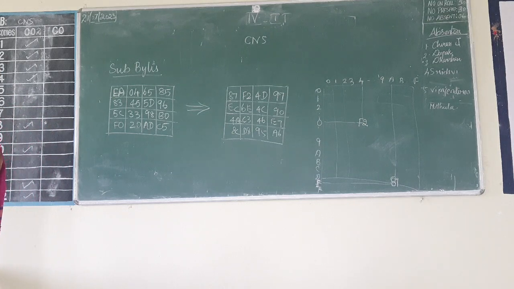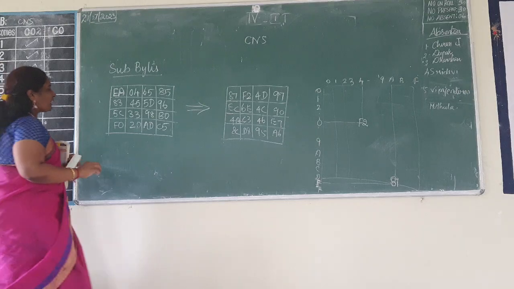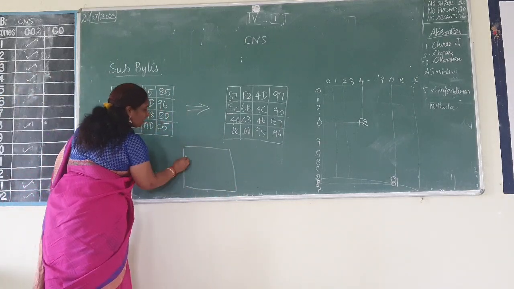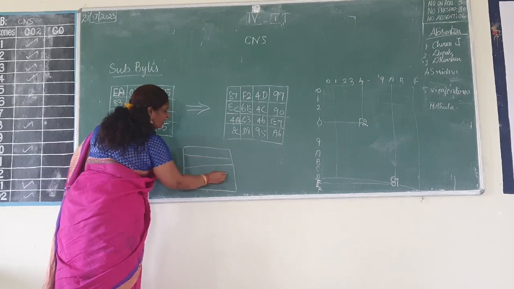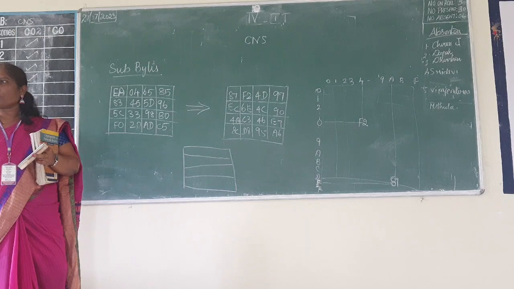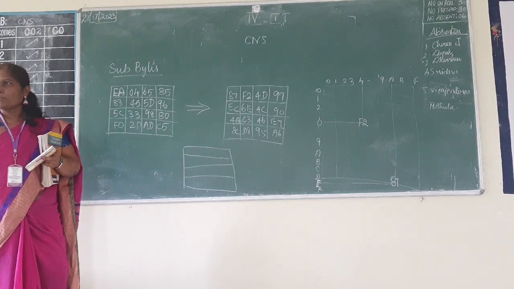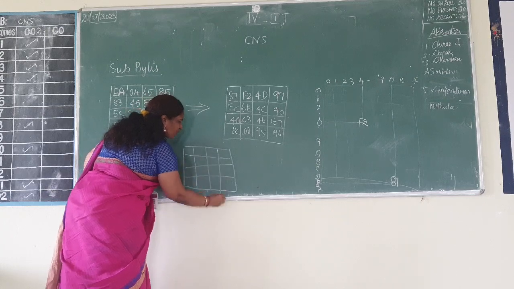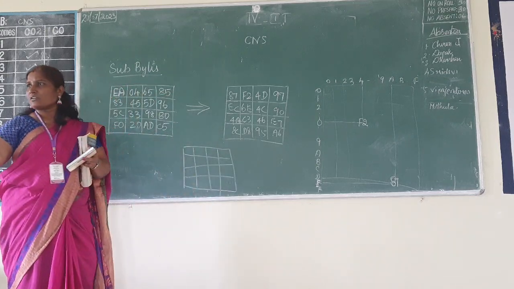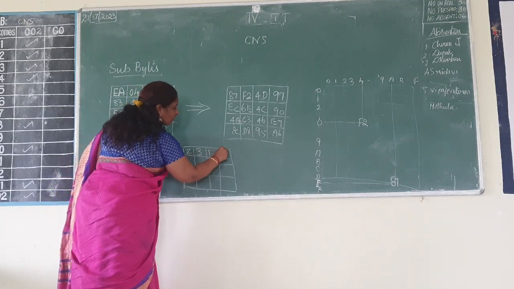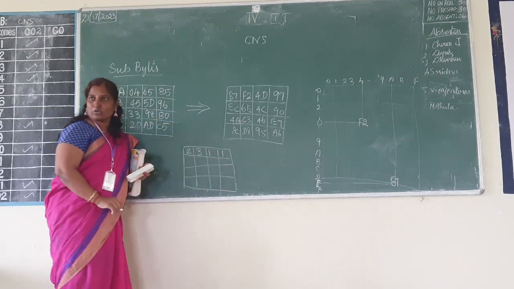So the next thing is mix column. How do we do mix column? We will be taking a fixed 4 by 4 matrix, where the entries will be given and they will be common for all columns or blocks. I gave you some values for this. The first row is 2 3 1 1.